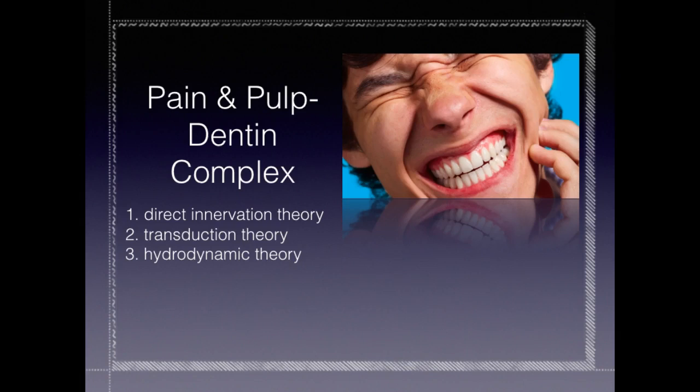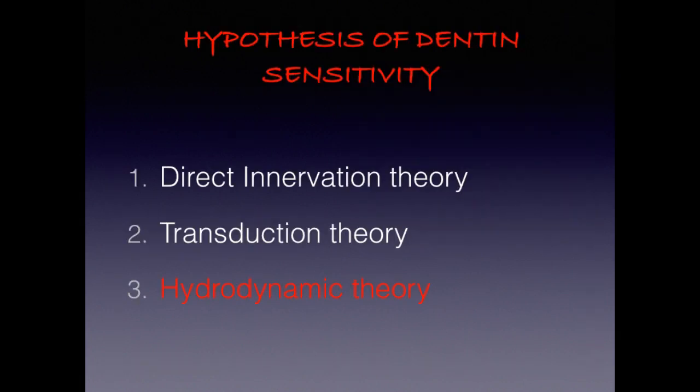There are lots of products on the market that will help with this, and it helps to understand how it's happening. The three hypotheses of dentin sensitivity are the direct innervation theory, the transduction theory, and the hydrodynamic theory. I'll briefly go over what each of those theories are and what the most common one is, so it helps us understand how we treat it.